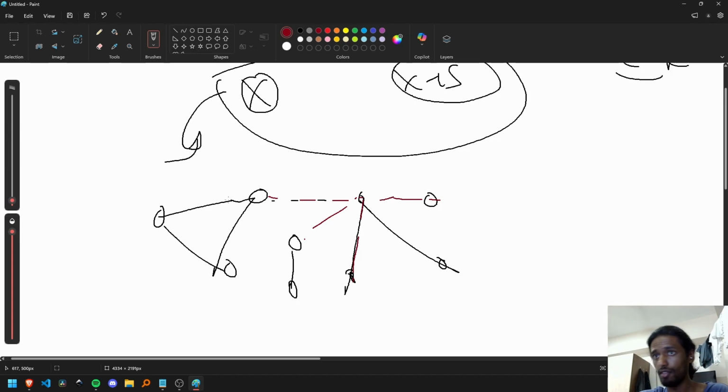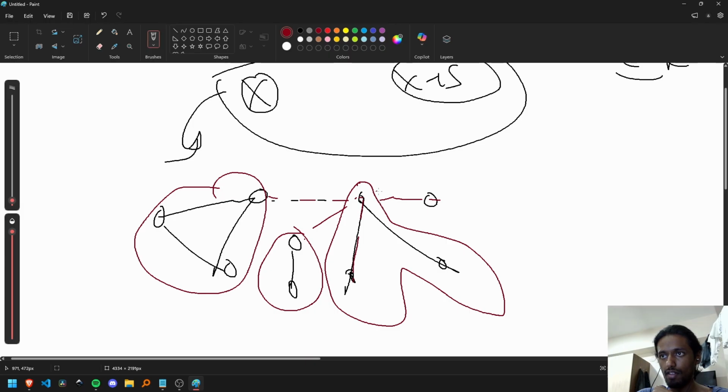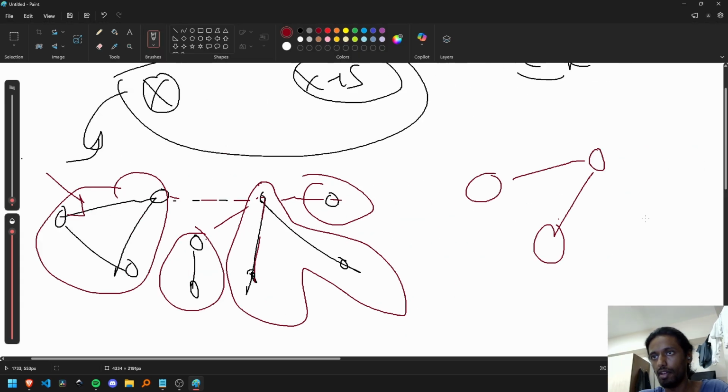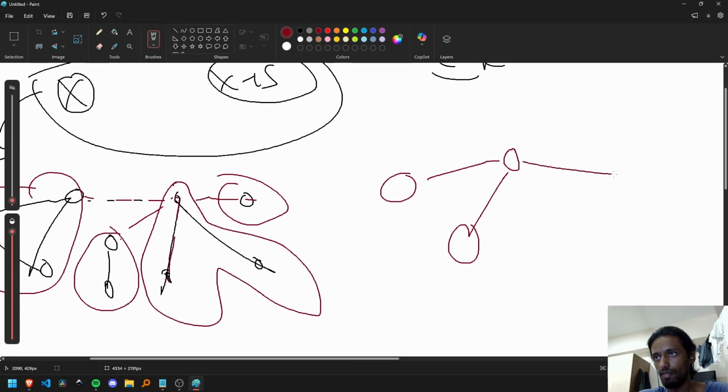So now we have some separate components, we have this, this, this, and this. We have all these components which are separated by heavy edges. So I condensed this into a separate graph of different nodes which are connected by heavy edges. On this graph I did a BFS from the source component, the component which has the source node, to the component which has the target node.